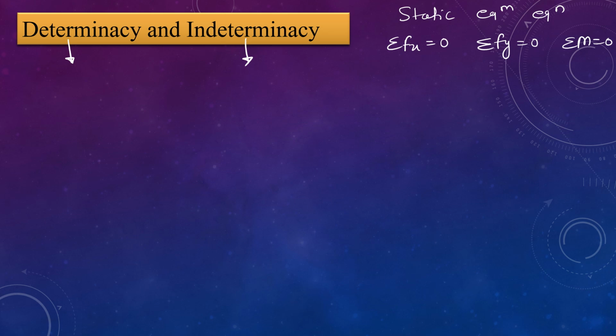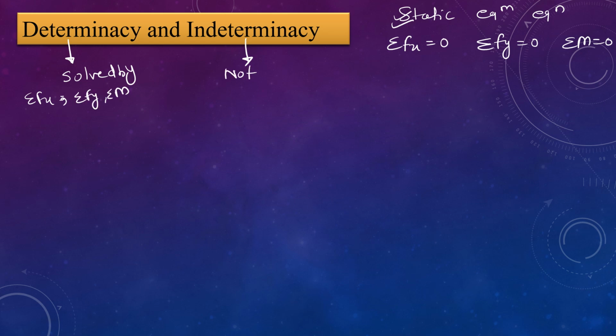If any kind of beam, truss or frame is solved with the help of these static equilibrium equations, then that structure is known as determinate, meaning solved by summation of Fx, summation of Fy and summation of moment.